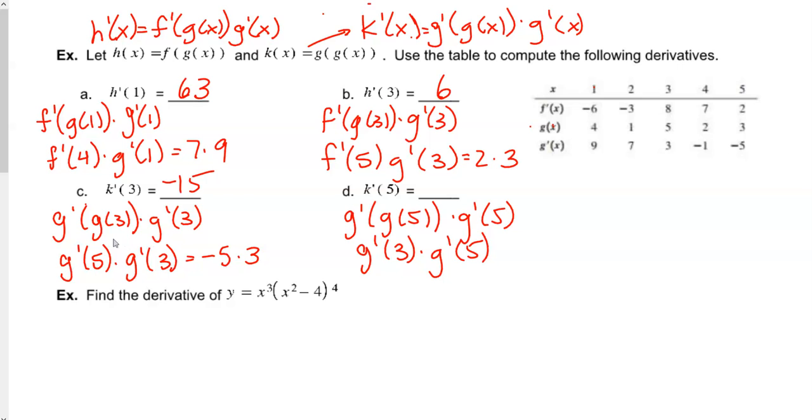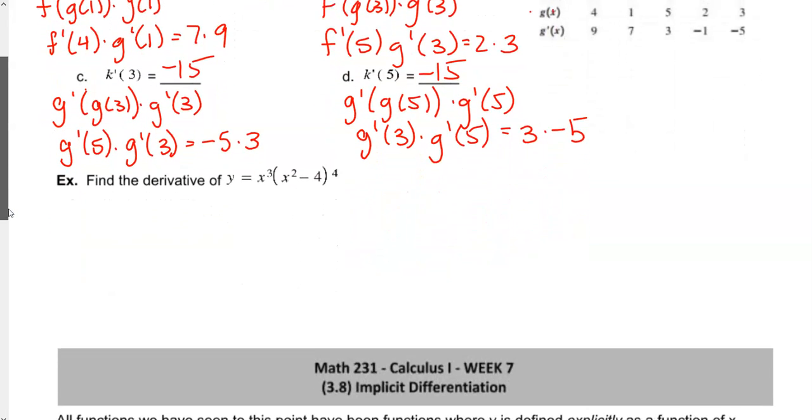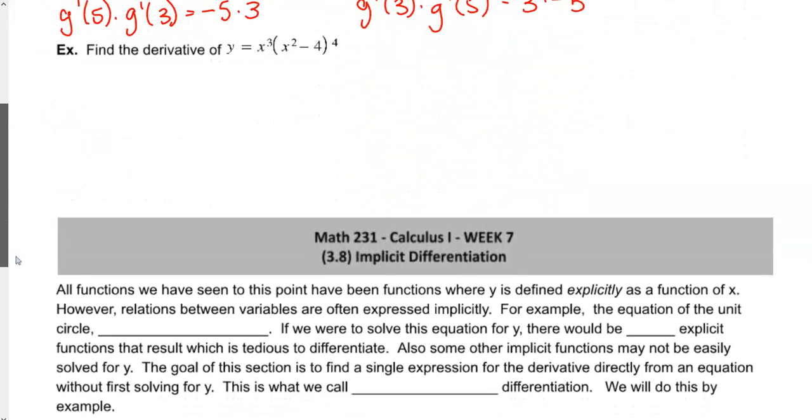Over here, we did them just in the reverse order. So if we go to our chart again, g prime of 3 is 3, and g prime of 5 is negative 5. And therefore, we multiply them together and get negative 15. So those are our answers to those types of problems. So again, they're not hard when multiplying a final answer, but getting those numbers that you need could be a little tedious at first.